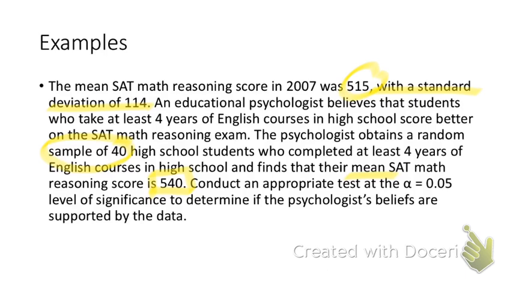This 515 right here is considered my population or sample mean? So that's mu. It's our population mean. What is that 114? Sample or population standard deviation? Population, so that's sigma. And then this 540 right here is my X bar, my sample mean. So if I know sigma, then I'm going to use a Z. So Z test.